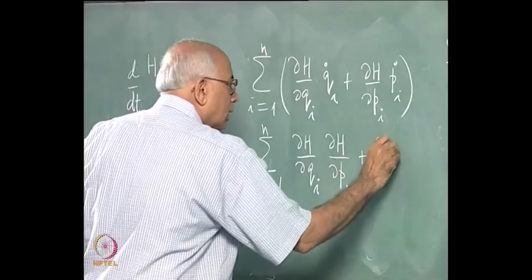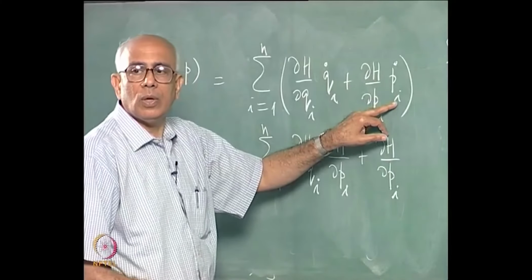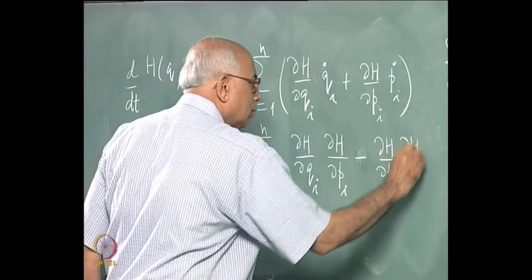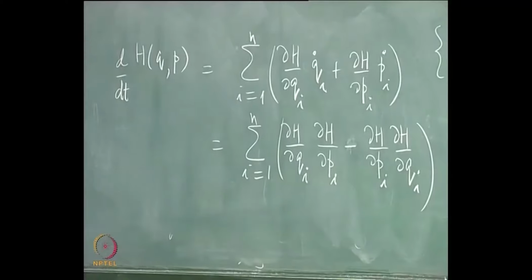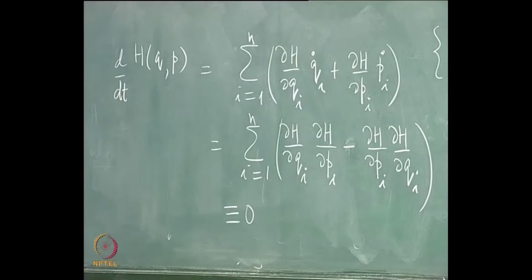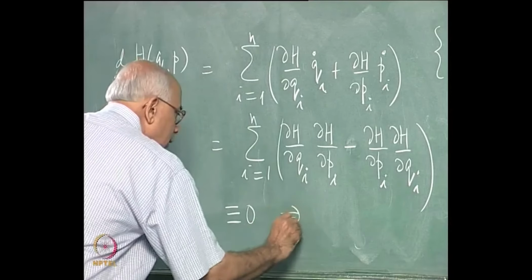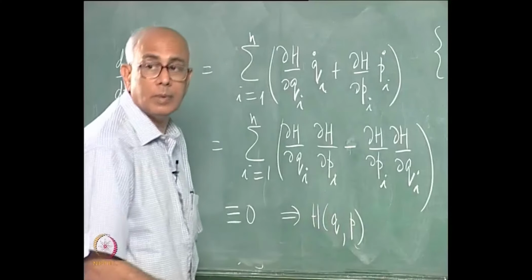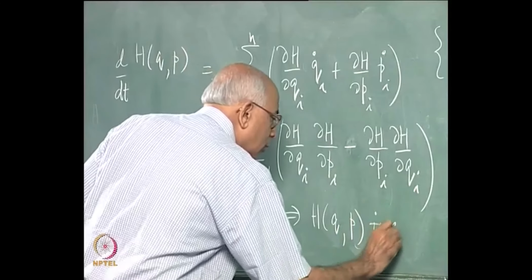plus delta h over delta pi, and what was the equation of motion for pi dot? Minus, the all important minus, and of course this is identically equal to 0, which implies that the Hamiltonian of a Hamiltonian system, an autonomous Hamiltonian system, is a constant of the motion.